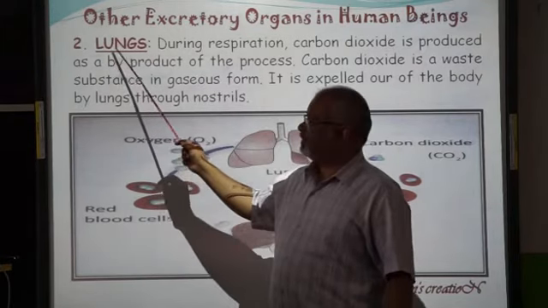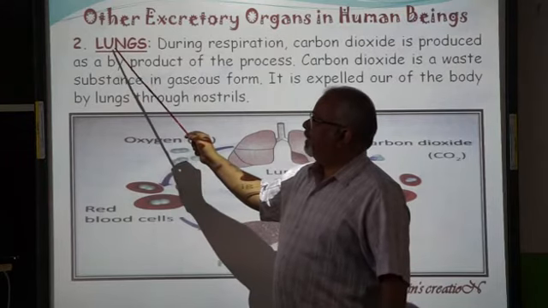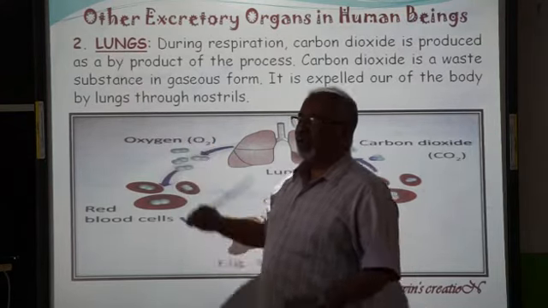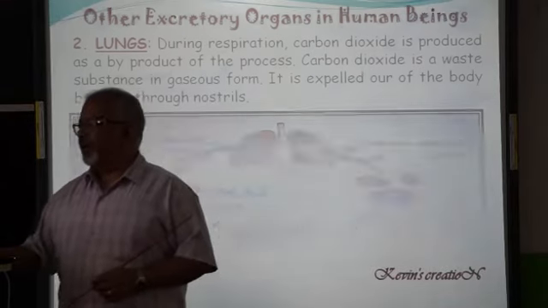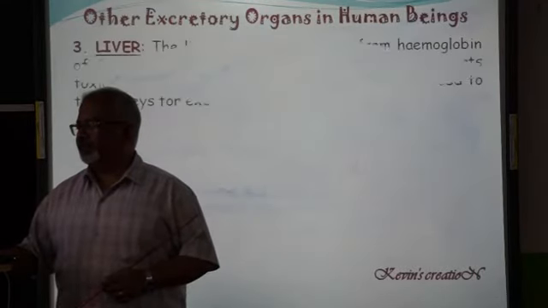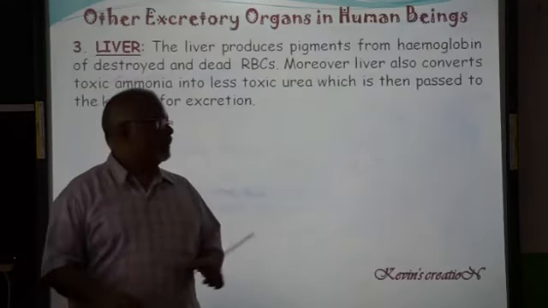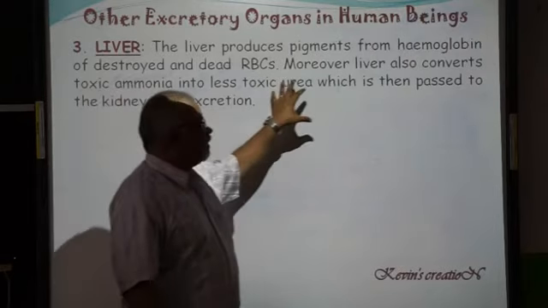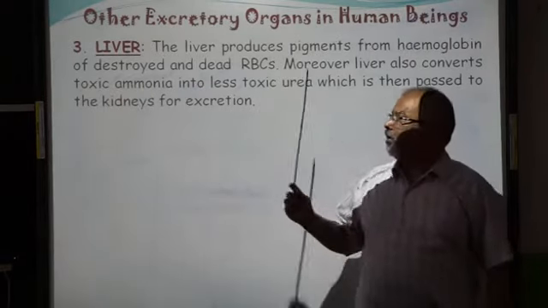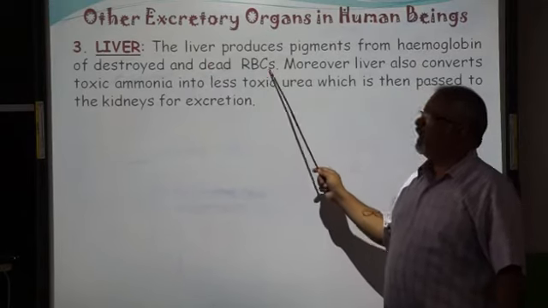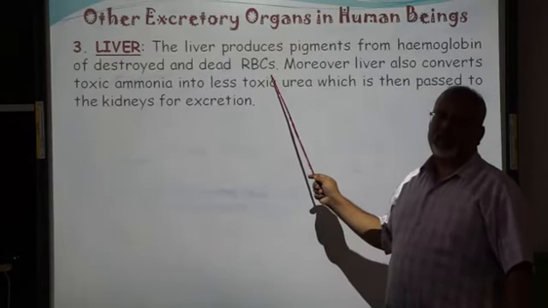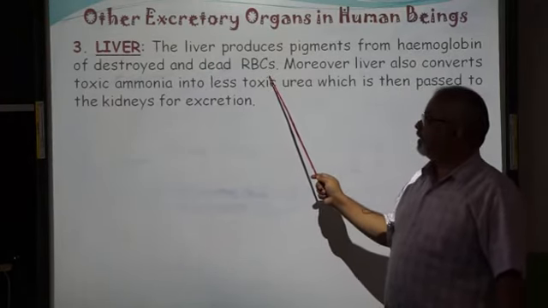First one we did skin, then lungs, and one more we have, that is liver. The third one is liver. The liver produces pigment from the hemoglobin of destroyed and dead RBC. So this is also a waste product.